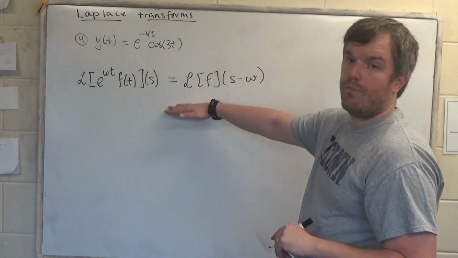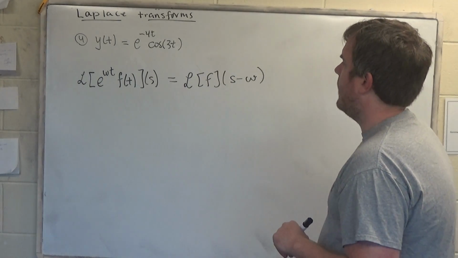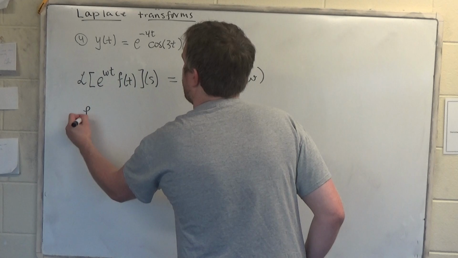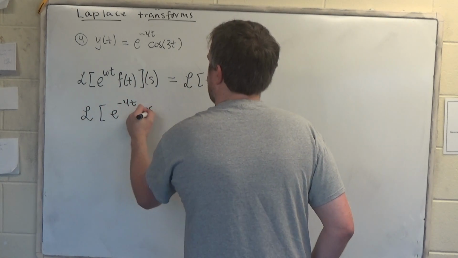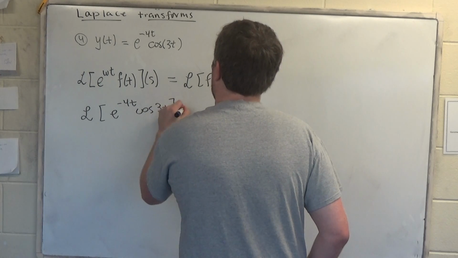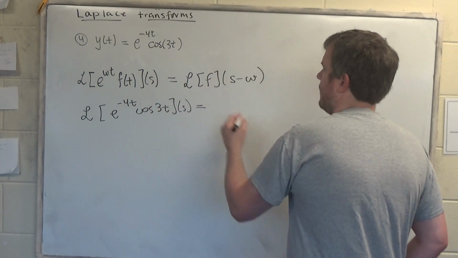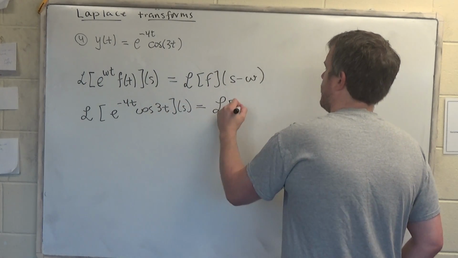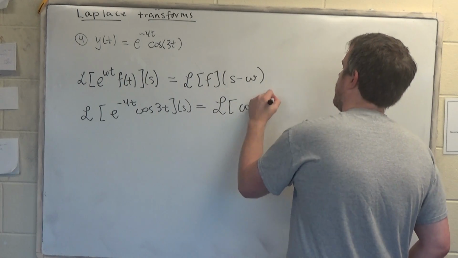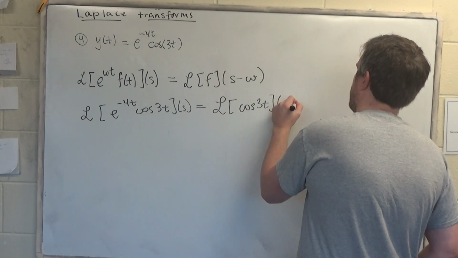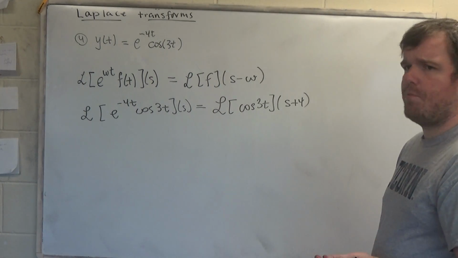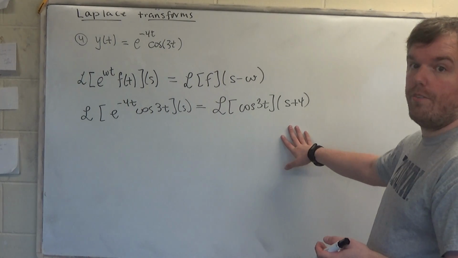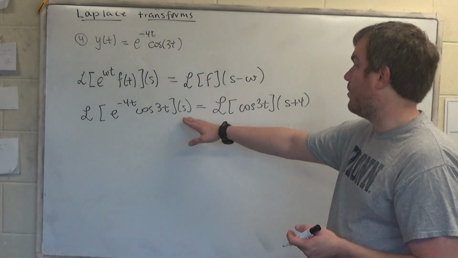So we're going to use this rule, and what happens here is this is the Laplace transform of cosine of 3t evaluated at s plus 4. Notice I keep saying evaluated instead of times. This does not represent multiplication.